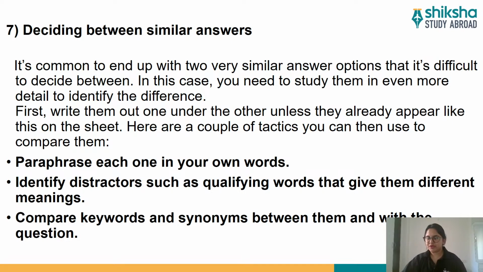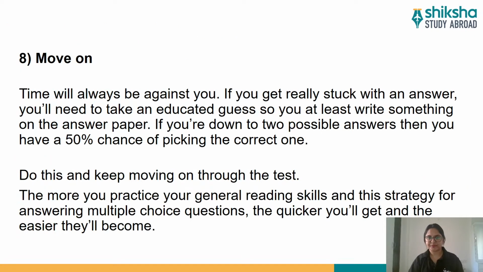These can be words which can completely change the meaning of the context as soon as they are used. So third tactic is compare the keywords and synonyms between them and with the question.